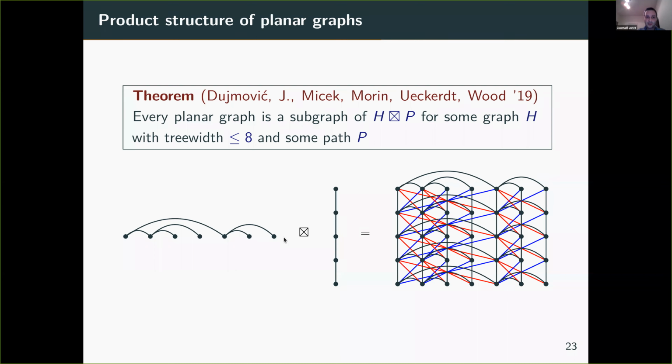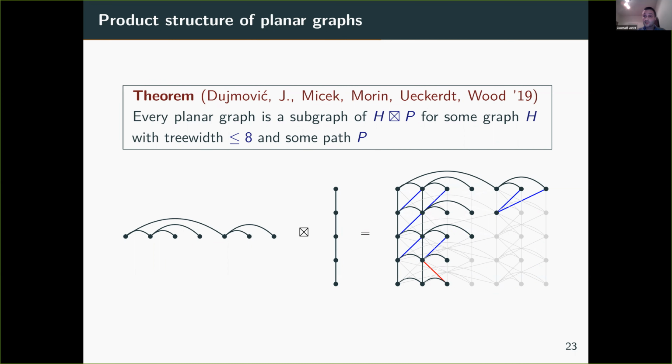This graph here on the left, which is in this case a tree, is supposed to picture a graph of bounded tree width, and this is a path. You look at the strong product, and there is a way to choose your bounded tree width graph and the path, so that the strong product contains as a subgraph the planar graph you care about. So for every planar graph, there is a way to do this.